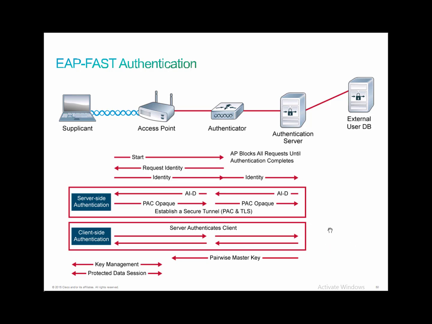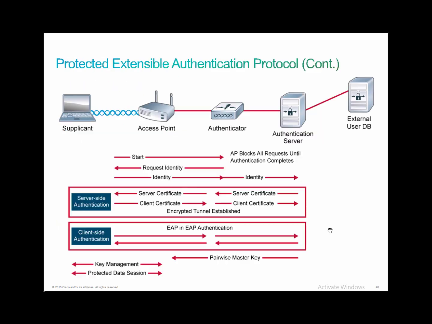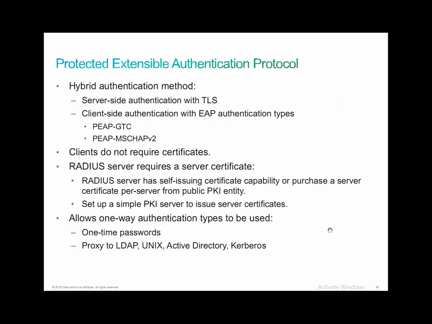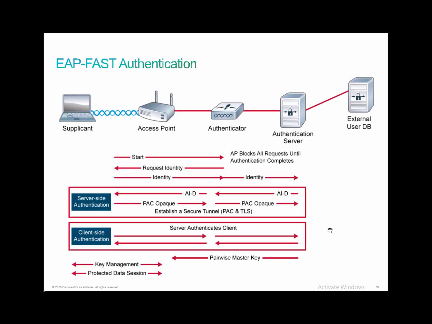I mean, it looks exactly the same. In fact, in all of these processes that we've seen here, start, request, identity, identity, start, request, identity, identity. So we're seeing the same process happening in the beginning of each one of these different variations of extensible authentication.